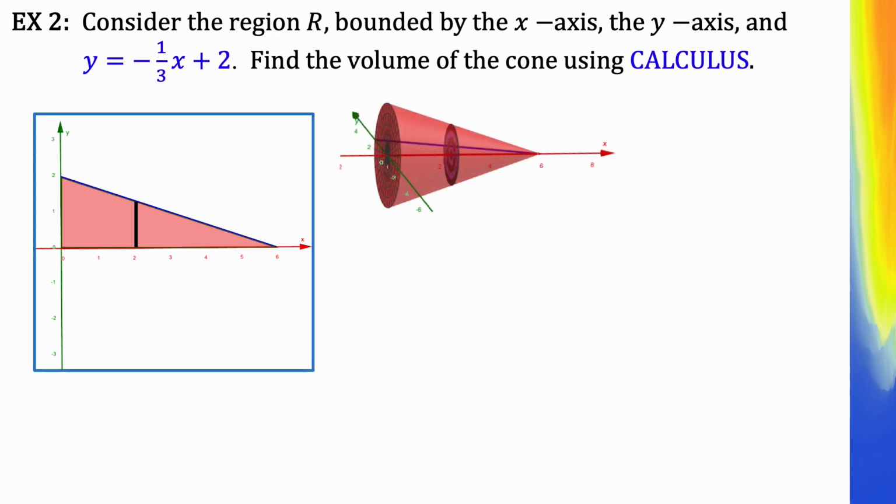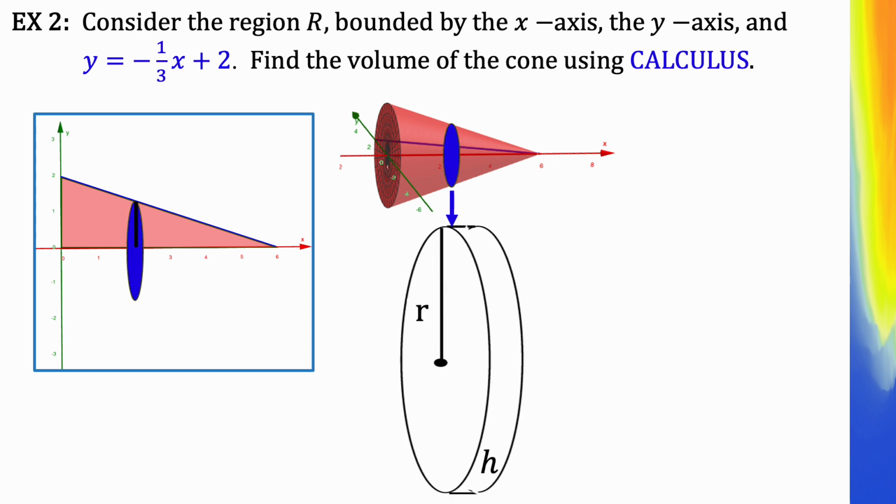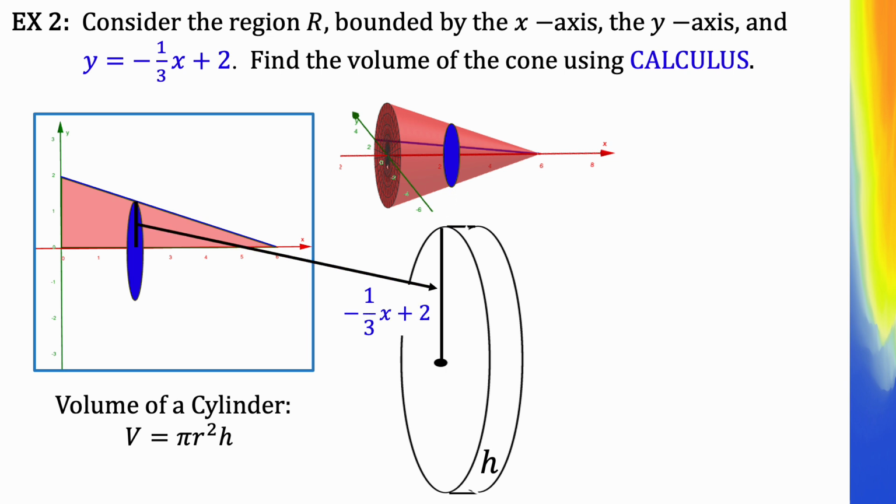Let's slow that down and figure out how calculus can be involved in this. I took that tiny little slice of the region and rotated just it around the x-axis. And when I did that, what I created was actually a really thin cylinder. And I know that the volume of a cylinder, from geometry, is pi r squared times the height. And for us, the radius of that cylinder is just the height of the function anywhere on that interval.